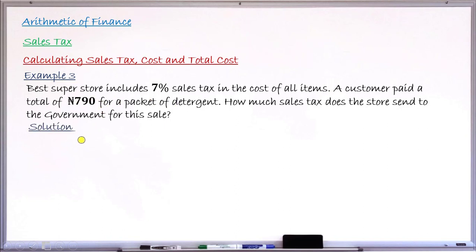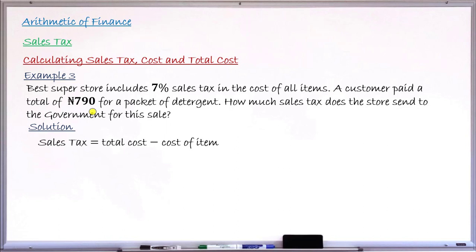So, solution to this very problem. The formula for calculating sales tax, remember, is this simple one: total cost, which is the 790, minus cost of the item, which is not given in the question. We don't have the cost of the item in the question. This is the total cost of that very item, that is the cost to the consumer.